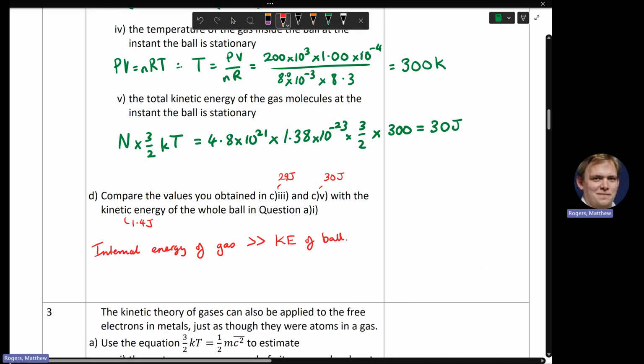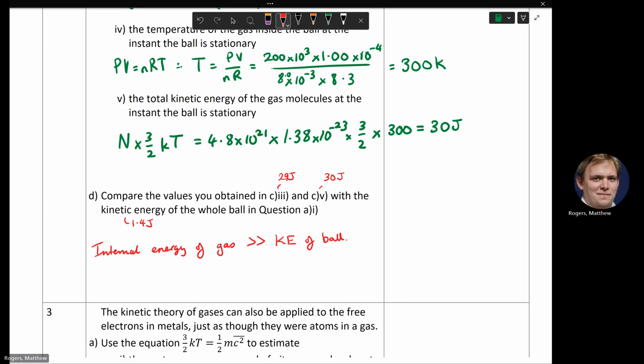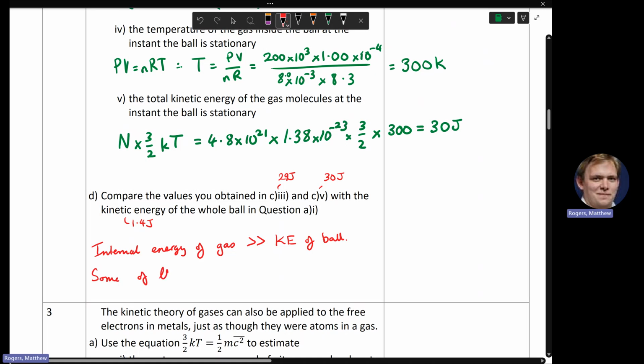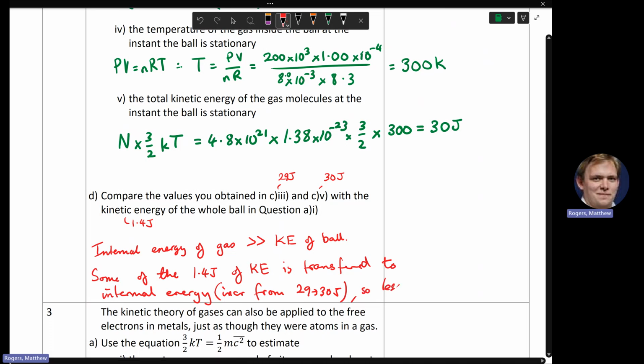And then the second idea is that some of the 1.4 joules of kinetic energy is transferred to internal energy, which we can see increases from 29 to 30 joules, which is why there's less kinetic energy afterwards and the ball bounces lower.